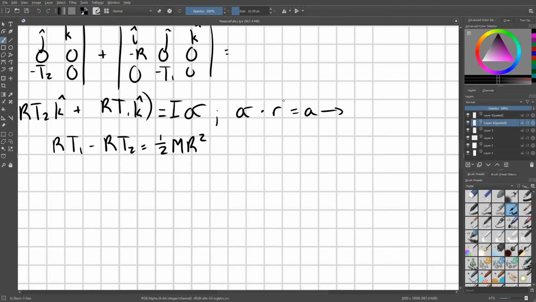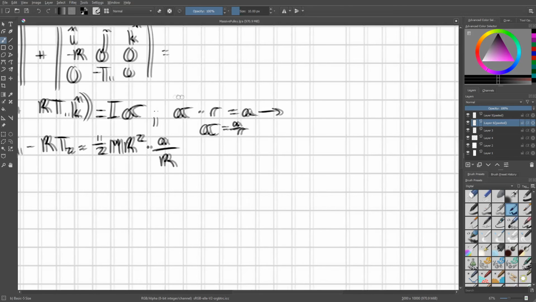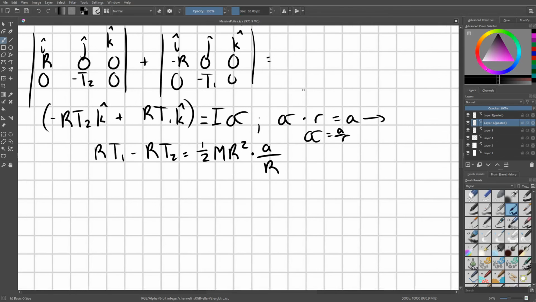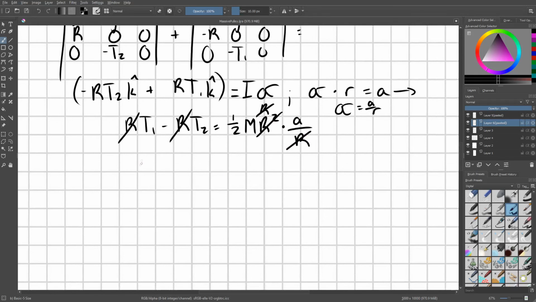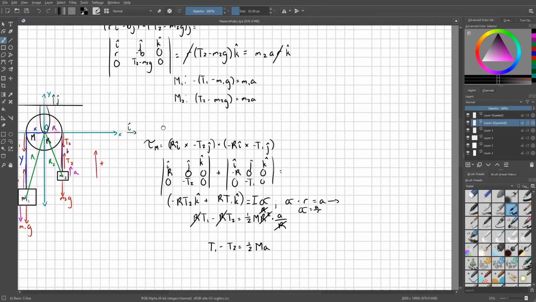So I'll make that substitution and say that alpha equals a over r. We can see that basically all of these r terms are going to end up canceling out, leaving us with T1 minus T2 equals 1/2 Ma. In fact, I'm going to write the rest of our equations that we've come up with down here as well.